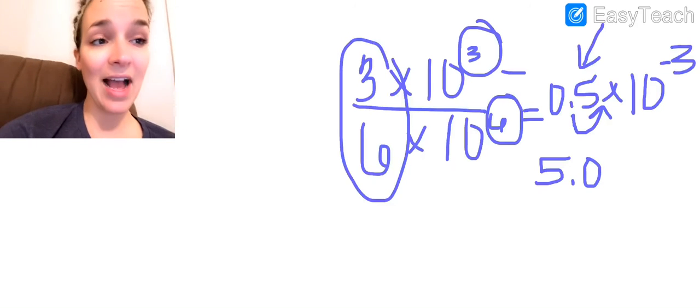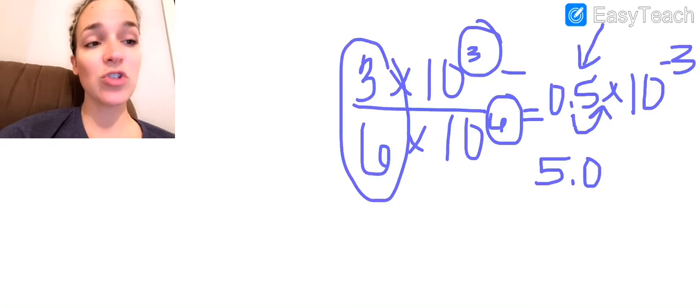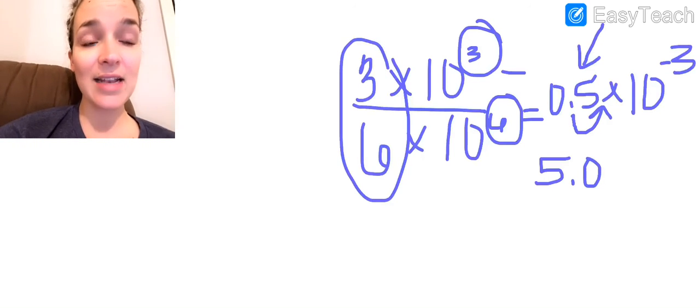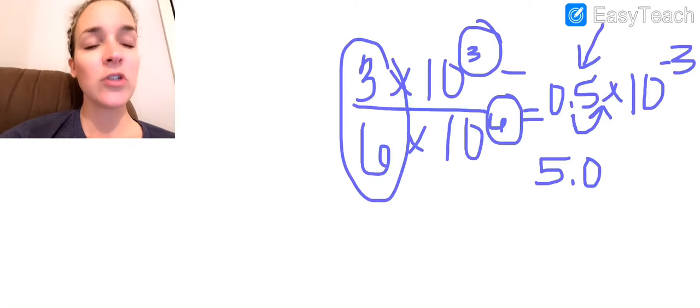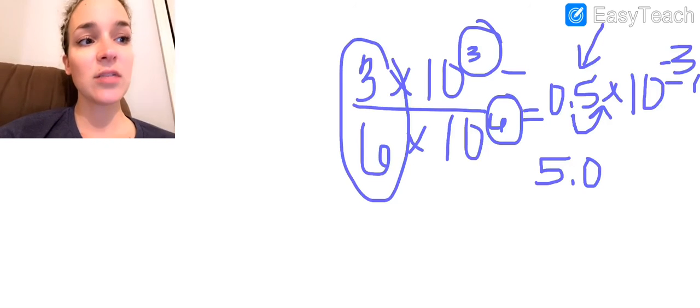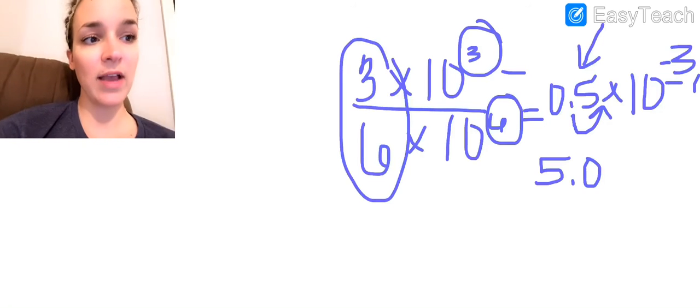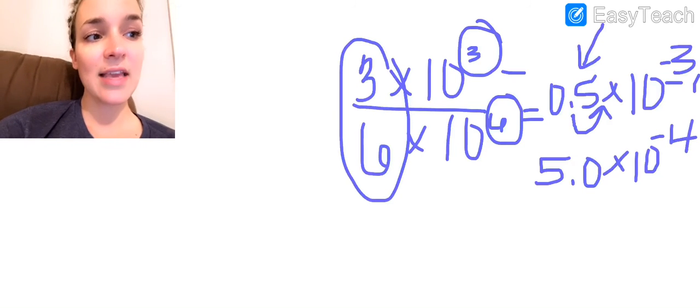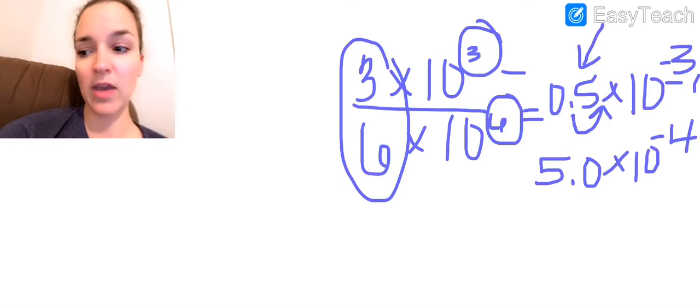So now it's 5.0, which is good. But if we bump that decimal, we have to allow for that in the exponent. When we want to go back to where we started, we are going to have to subtract one more up there. So this is going to end up being 10 to the negative 4.